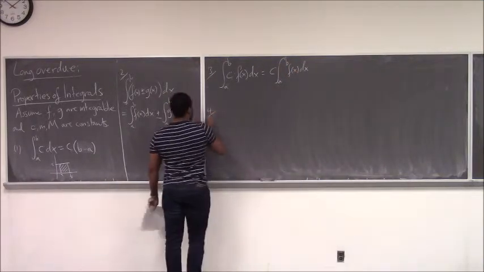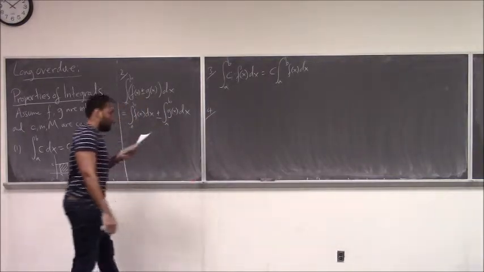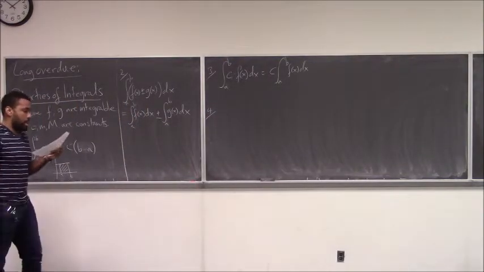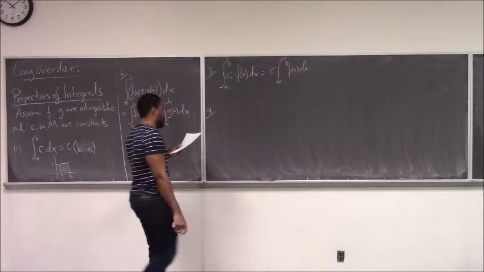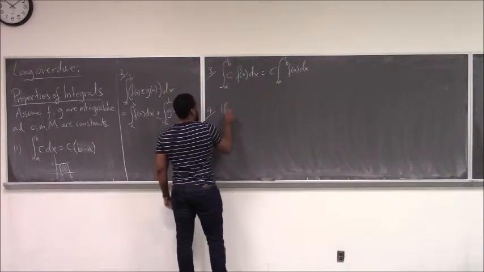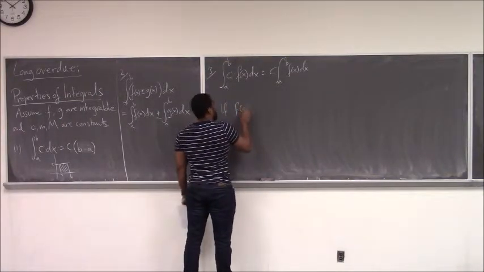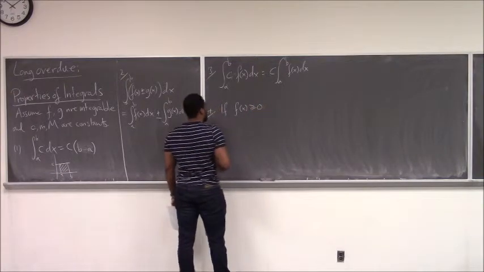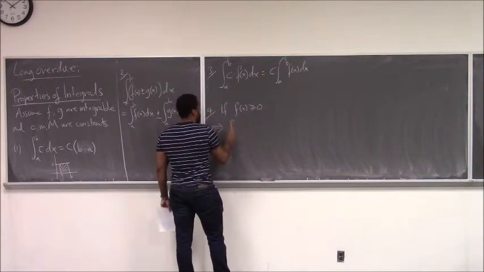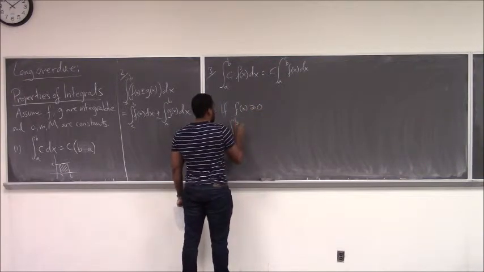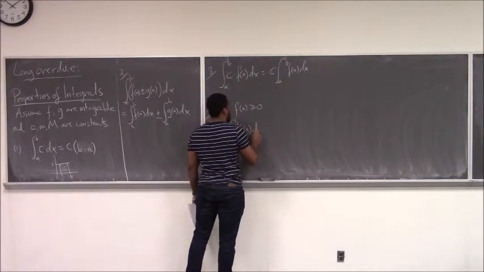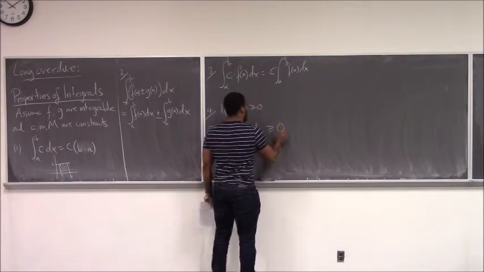Four, integrals maintain inequalities in the sense that if your f of x is greater than or equal to 0 all the time, then when you take its integral, you will get an answer that's greater than or equal to 0.